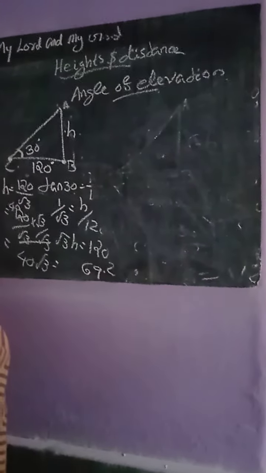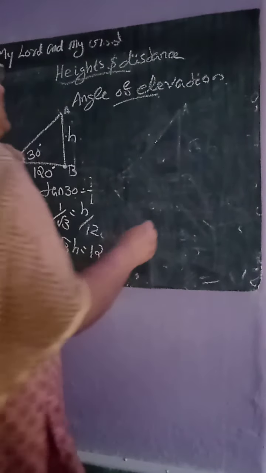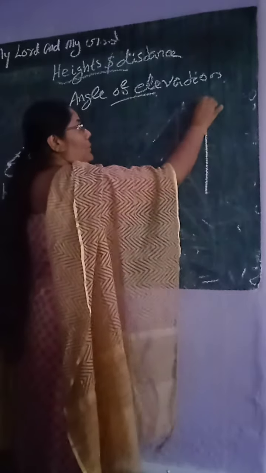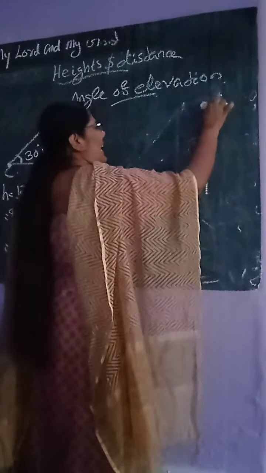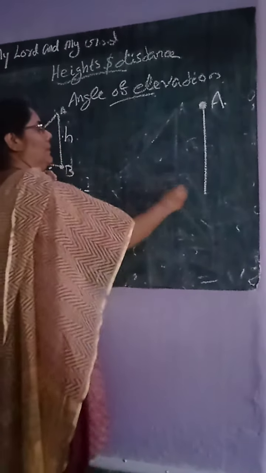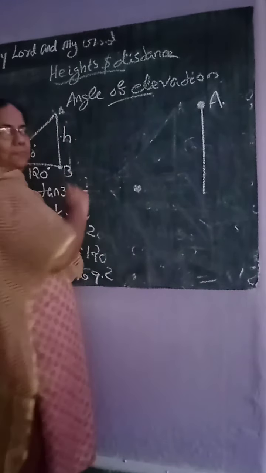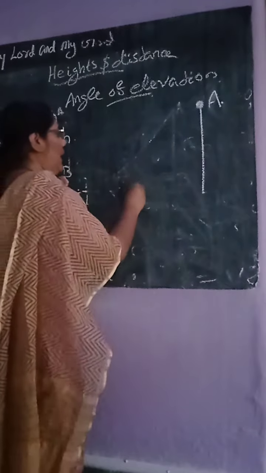Read the question. A kite is attached to a string. Find the length of the string is the question. We know that this is the position of the kite. Okay, you can mark it as A. A child is somewhere here. Look here. Fly that kite.